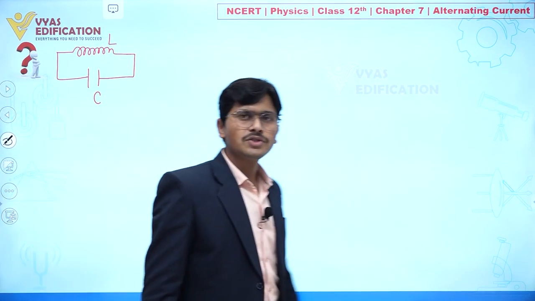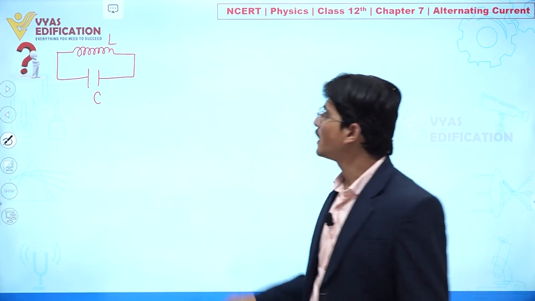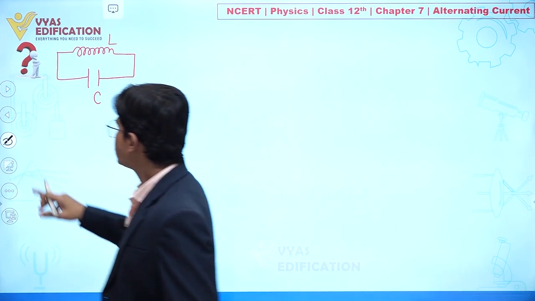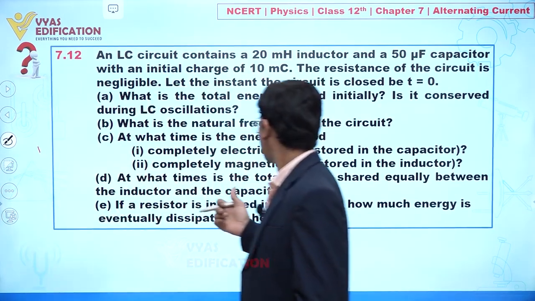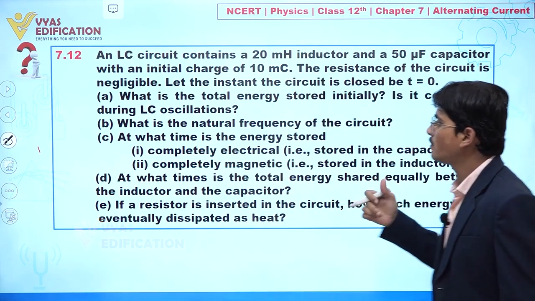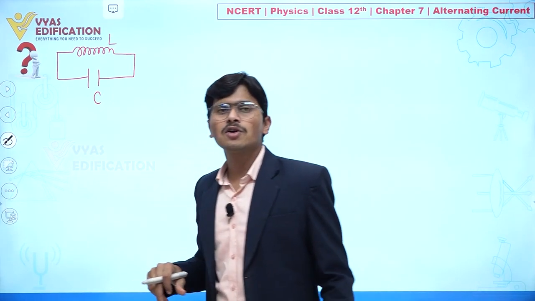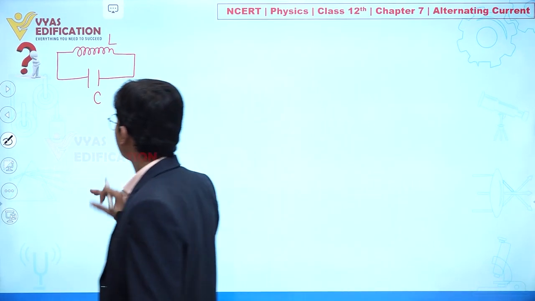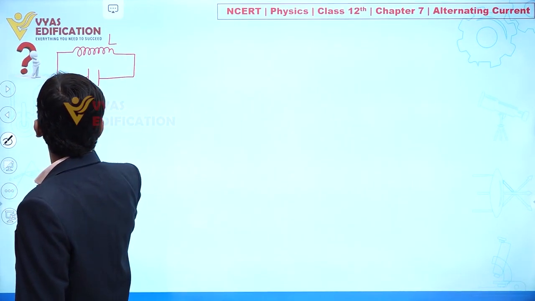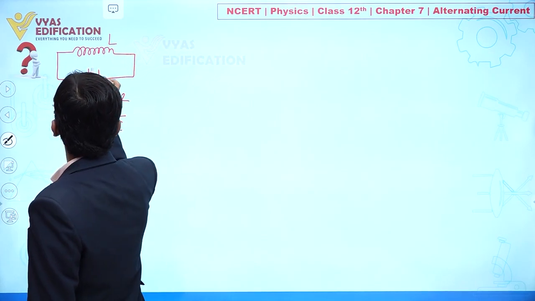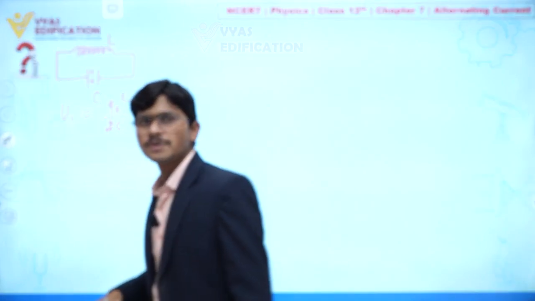It is given in the question that the energy stored in the capacitor is half of the total energy stored. The question is: at what times is the total energy shared equally between the inductor and the capacitor? It means the total initial energy is given by Q naught square divided by 2C, as you know very well, since the total charge present is Q naught.